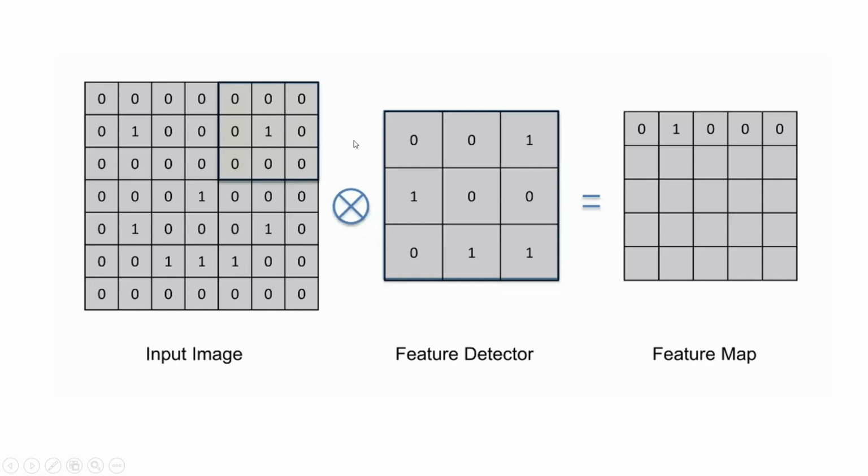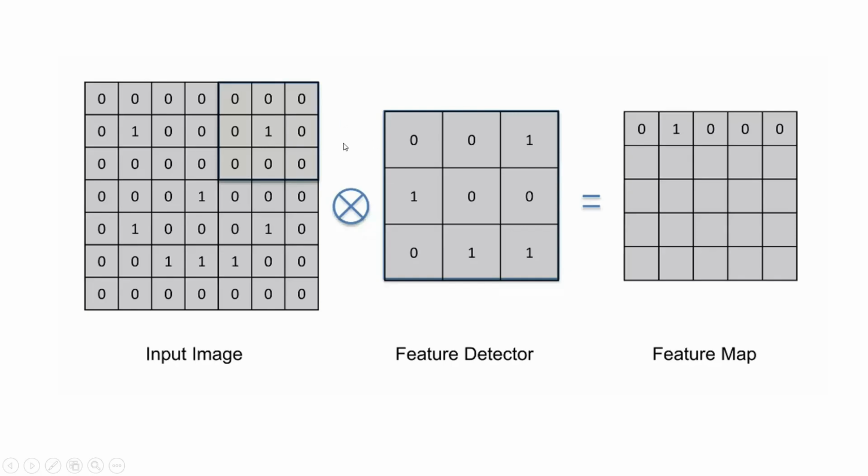It is the result of sum of products. That means this 0 will be multiplied by this 0. So 0 into 0 is 0, plus this 0 will be multiplied with this 0. Again 0 into 0 is 0. So 0 plus 0 is 0 again. Now this 1 will be multiplied by this 0. Their product is again 0.